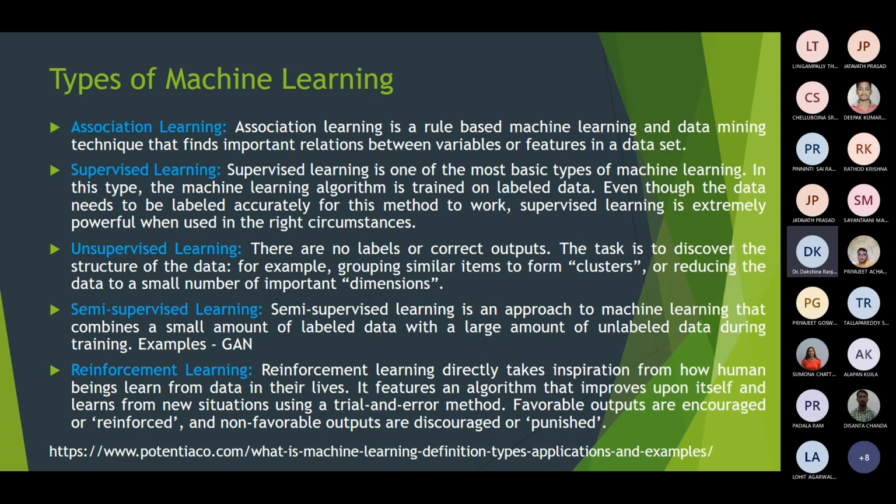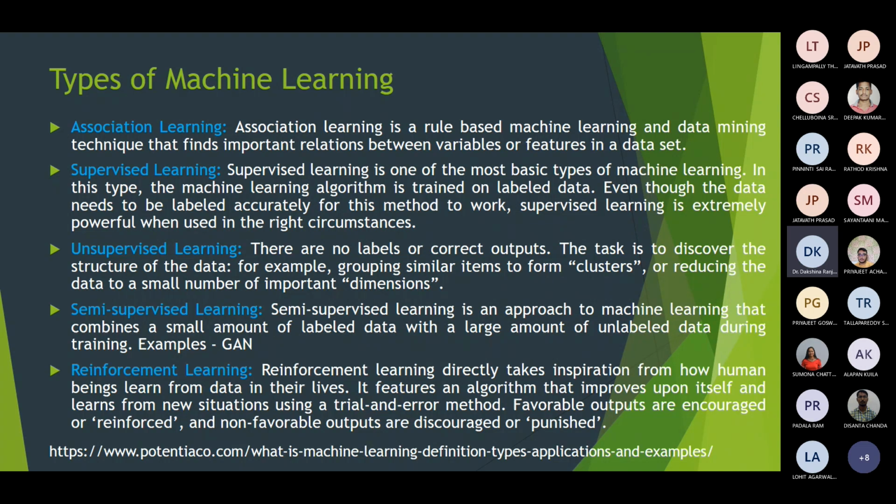If we have a data set, then either we can go for discovering the hidden structure or the hidden pattern of the data. This is called clustering, and we can reduce the data to a small number of features. So this is called dimension reduction. These two tasks we can perform in unsupervised learning algorithms.